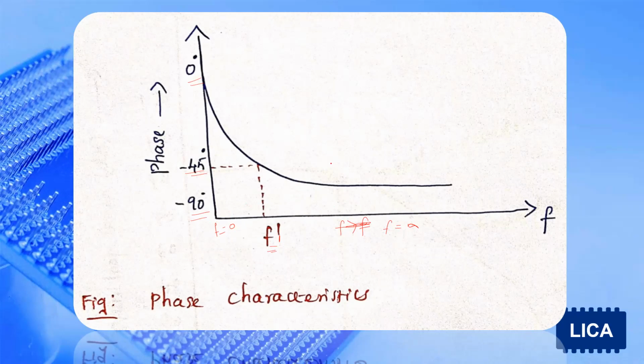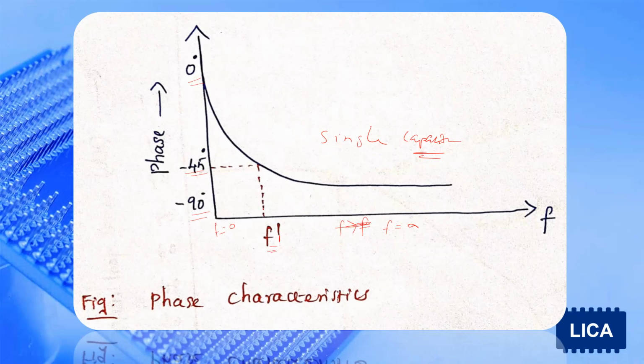Okay, so both the characteristics, magnitude and phase, are for single capacitance values only. We are taking a single capacitance, because for the ideal case we have a single capacitance only. For a practical case, there may be more than one capacitive value.